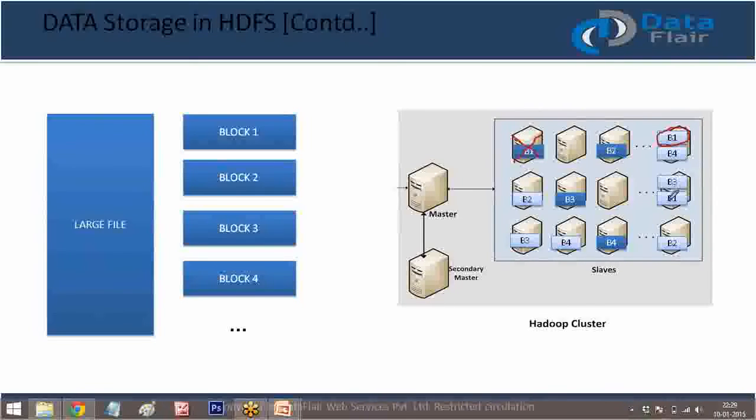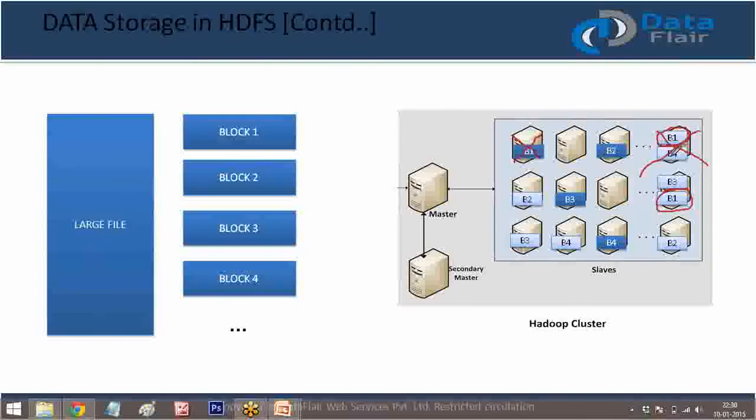Pratik is asking what are the advantages of 3 copies. Pratik, I am explaining the same. If you concentrate here, there are chances that at any point of time any machine goes down. If this machine is down, I can access my data from this slave. And even suppose this machine is also down, I can access my block 1 from this machine.